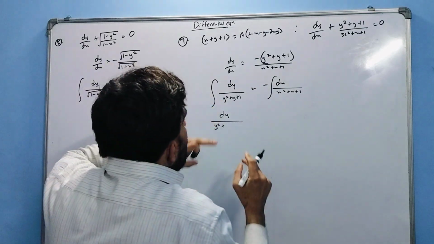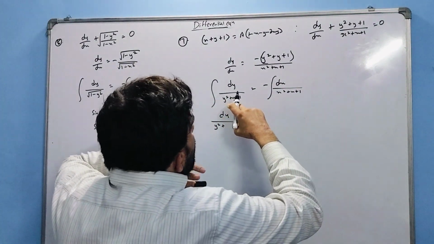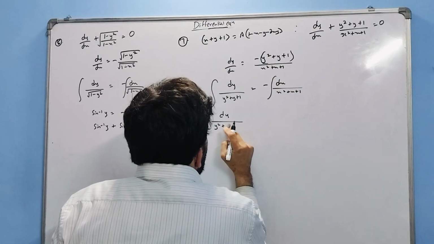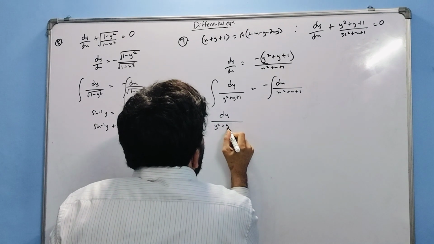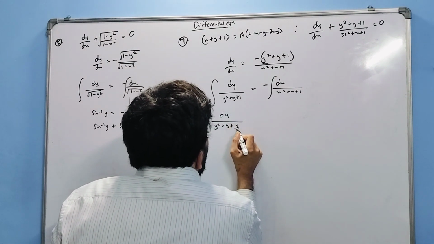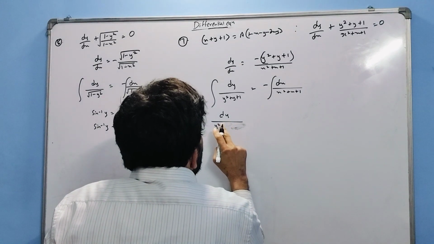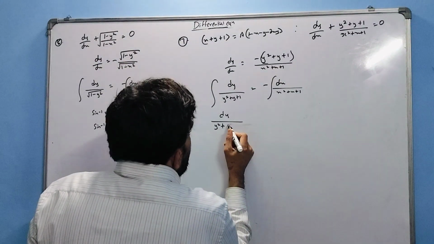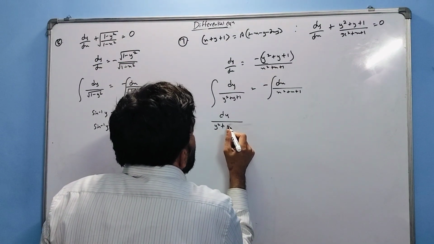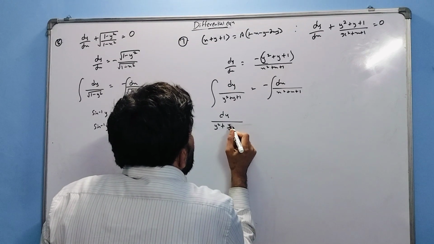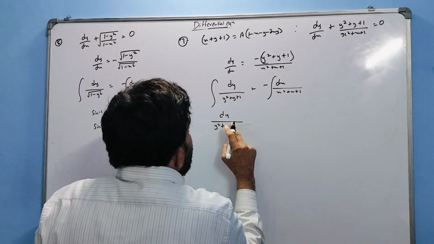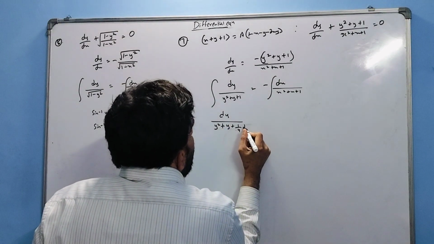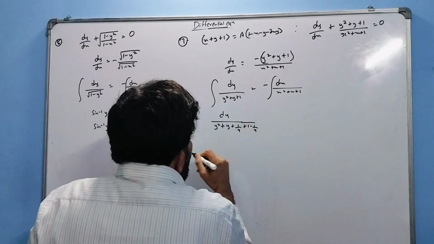So we write y square plus y plus 1 by 4, plus 1 minus 1 by 4.